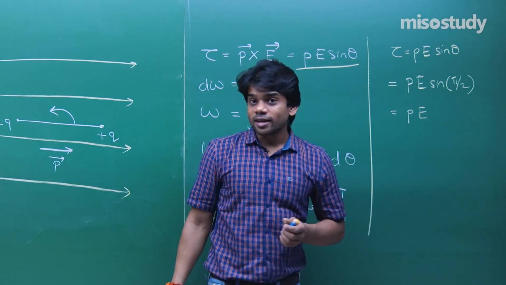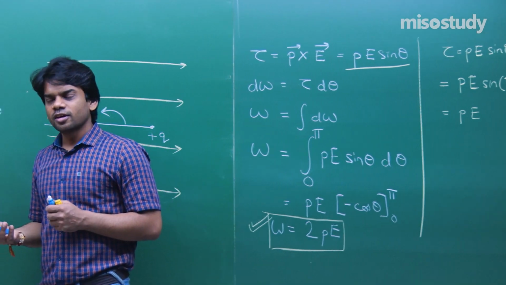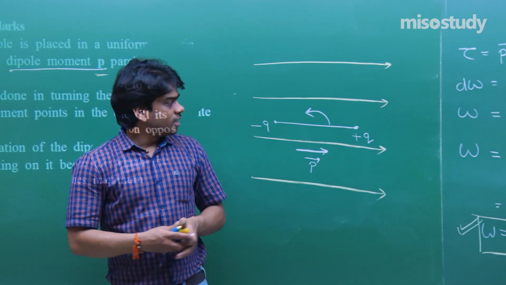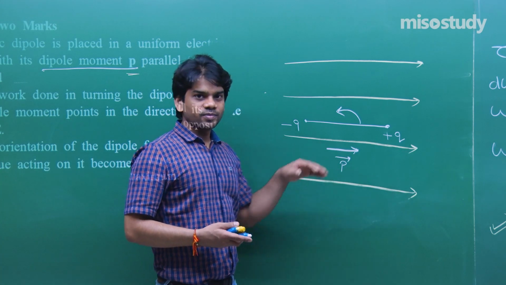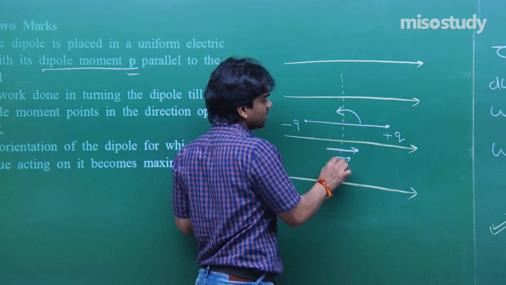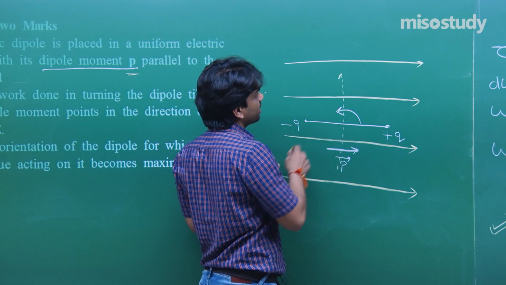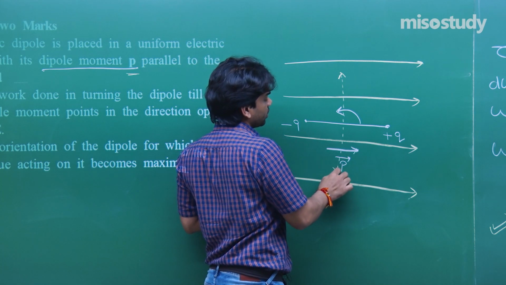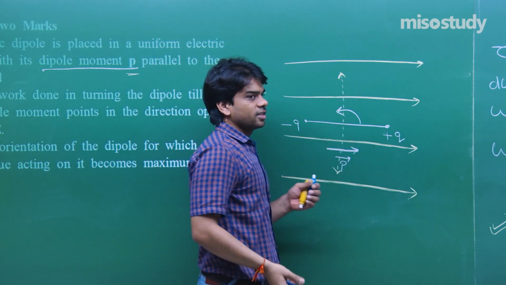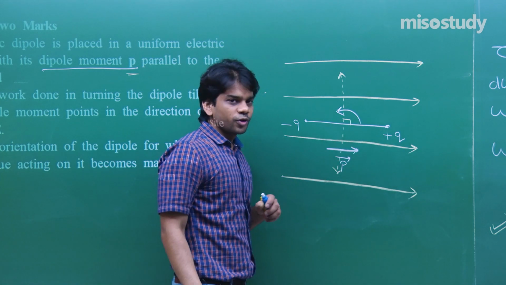So at pi by 2 angle, an angle which we are measuring from the line of electric field, you can easily evaluate that this is the case when the dipole is oriented along this direction. Torque will be maximum, and it will try to bring this dipole back to the original stable configuration.